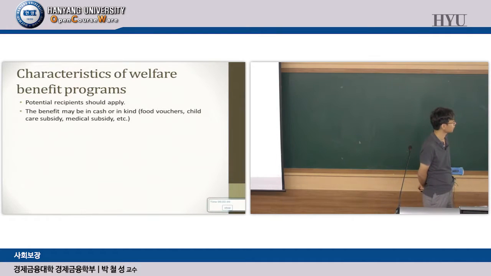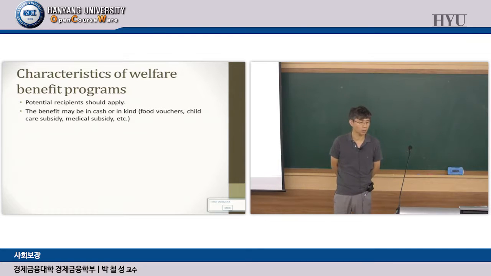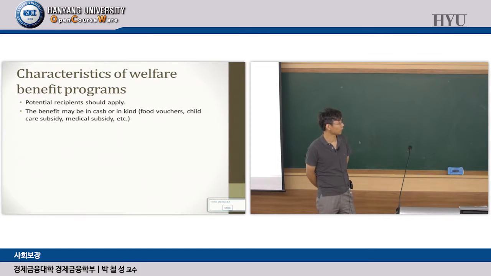And some countries give child care subsidy only to poorer households. If they send their kids to a child care center, then the government will pay part or all of the child care center cost.